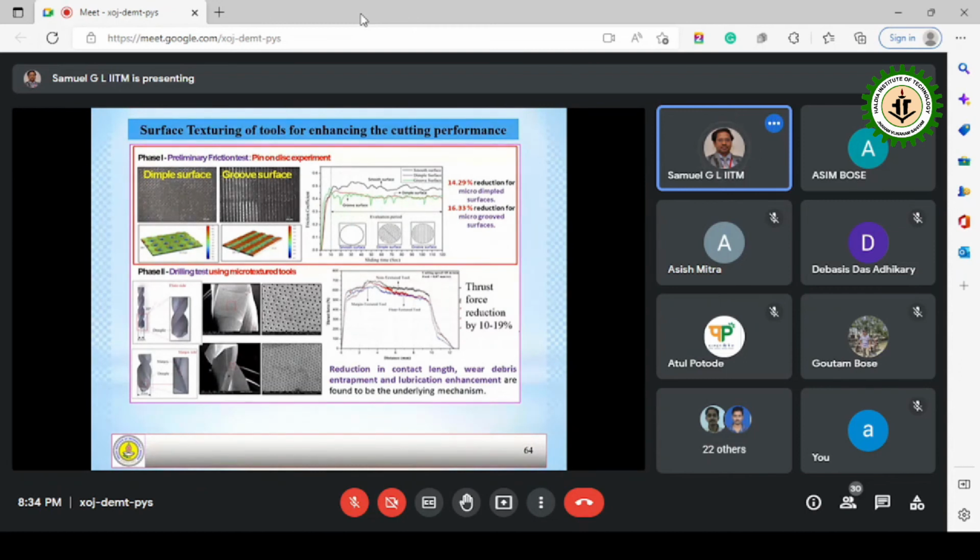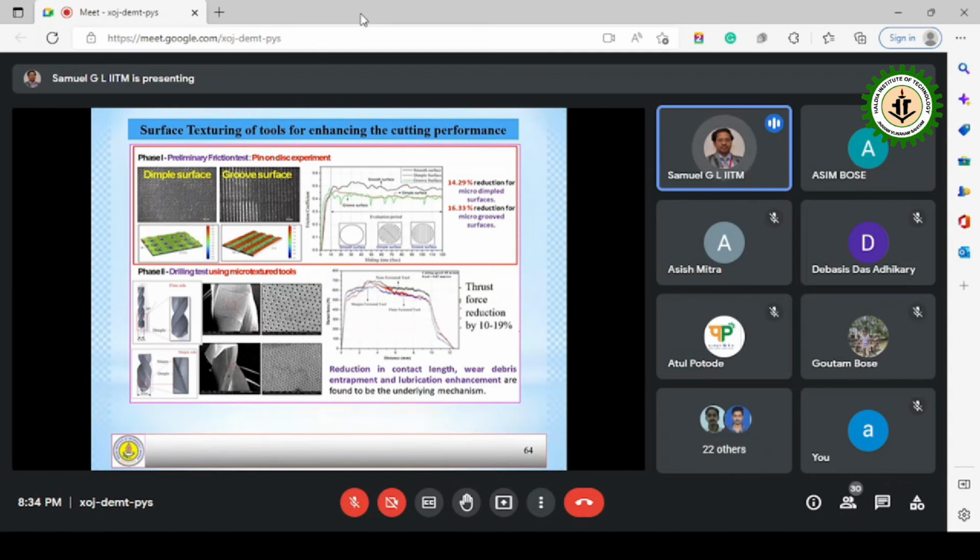So texturing of these surfaces with either micro dimples or micro pillars helps in several concepts. Here the friction was reduced because when you make a micro dimple texture, the micro fluid goes into it, and then a lubricant film forms and reduces the friction.